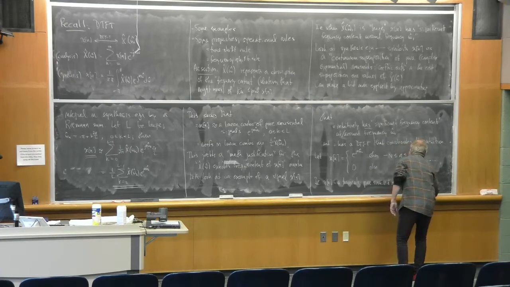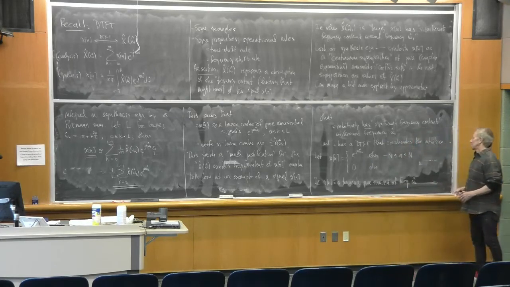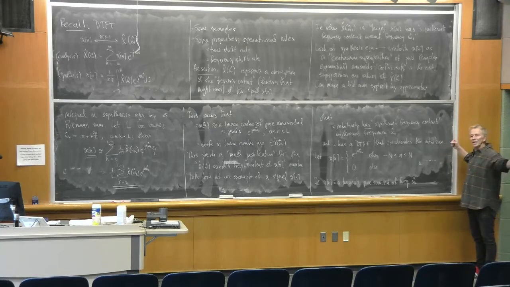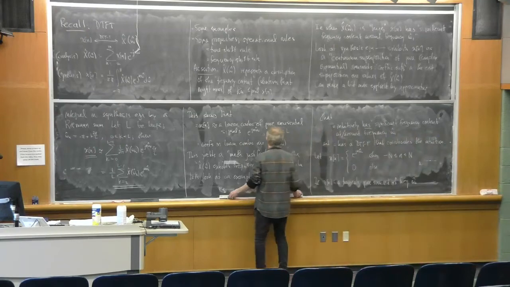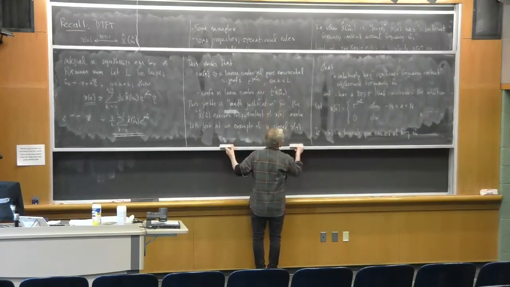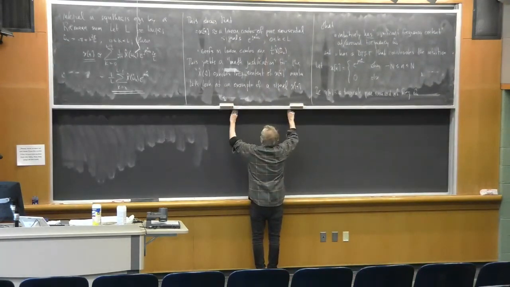We think of this x of n as having significant frequency content at frequency omega 0 hat for obvious reasons. And the bigger you make N, the more it looks like a pure sinusoid of frequency omega 0 hat. So intuitively it has frequency content around frequency omega 0 hat.